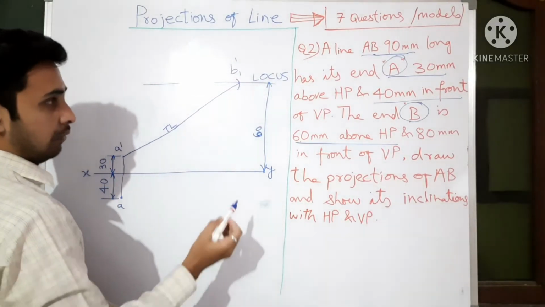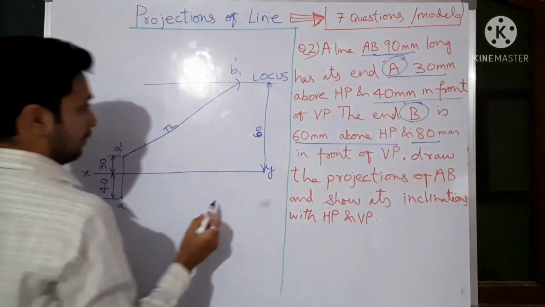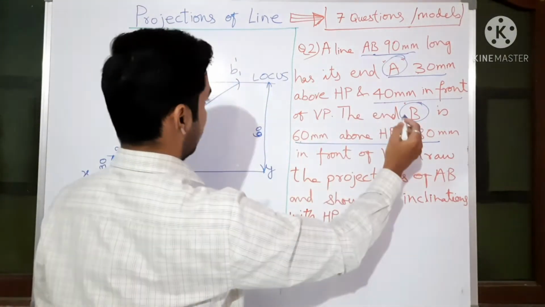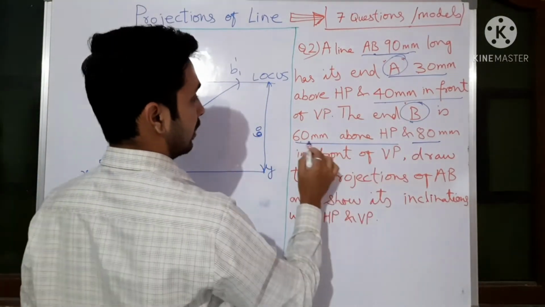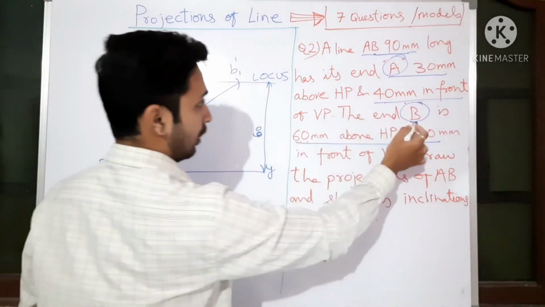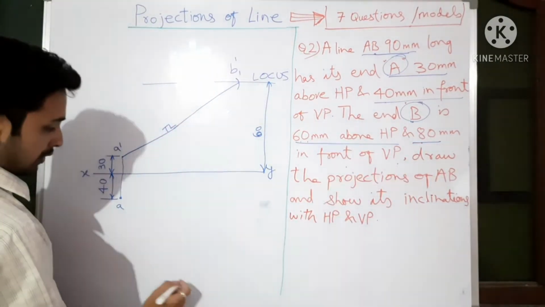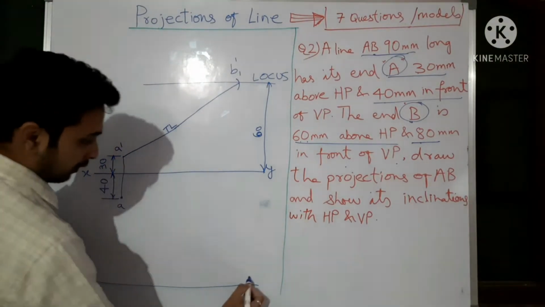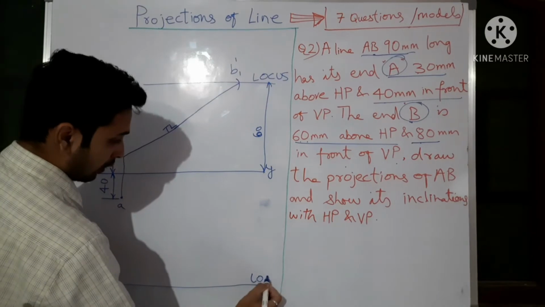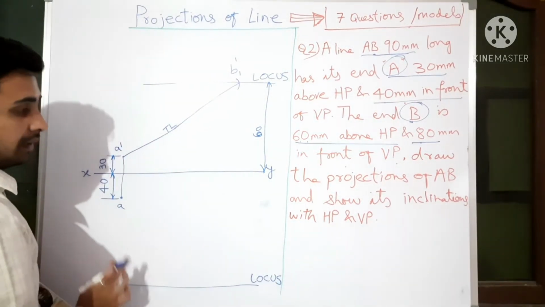Same step for the other end B. B is 60 mm up, and B is 80 mm in front of VP, so with respect to VP we take the locus 80 mm down. Somewhere here B will be lying.